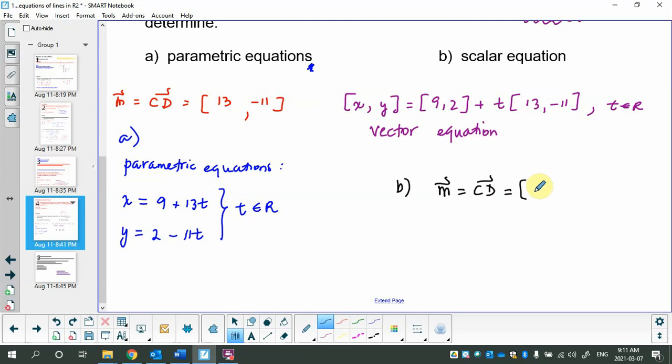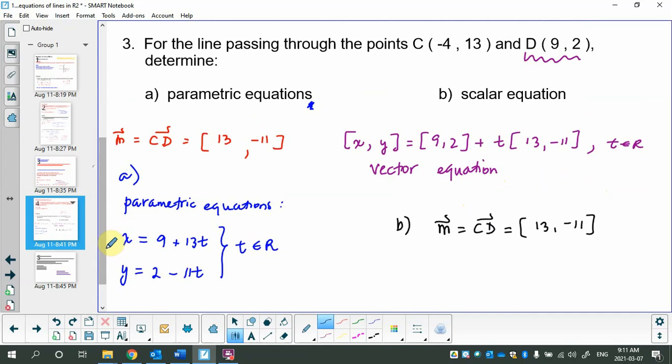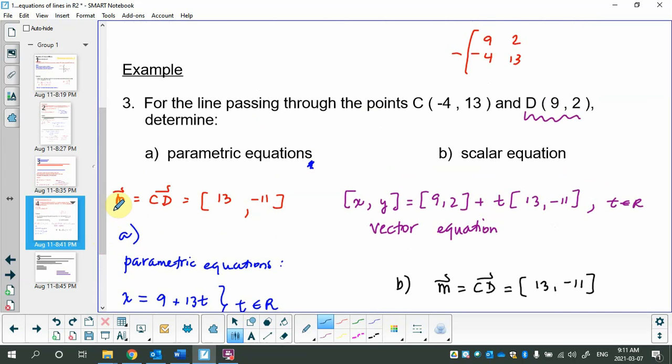Remember, you could have had DC is equal to components negative 13, positive 11, but I decided to do C to D. And what we did to do that is we subtracted the x's and we subtracted the y's.